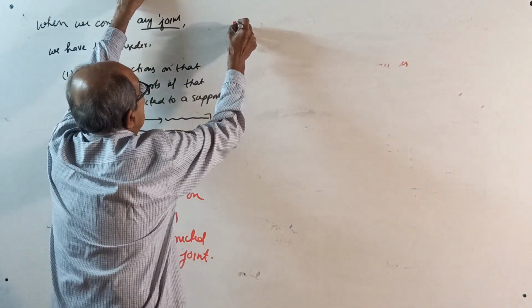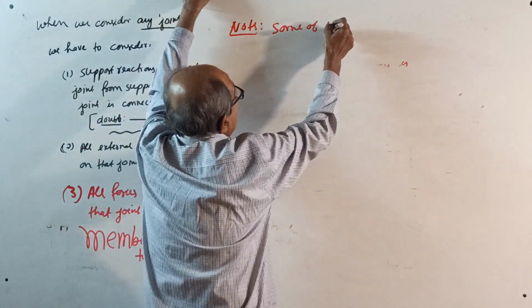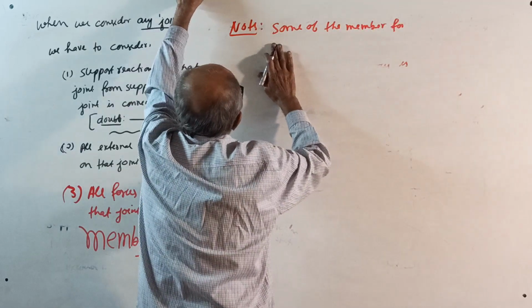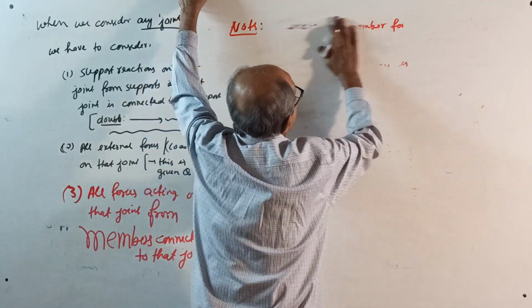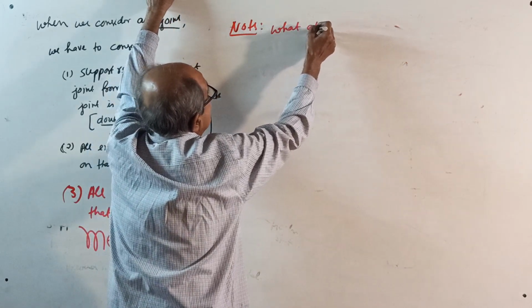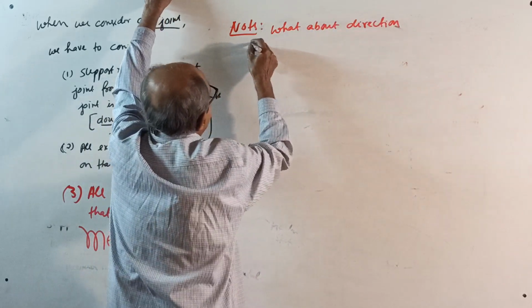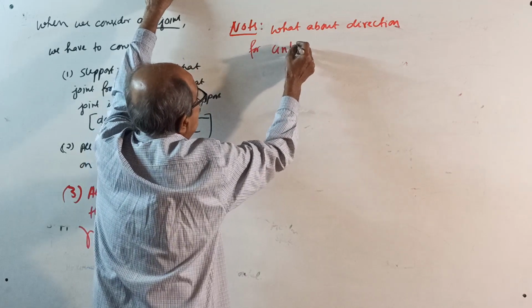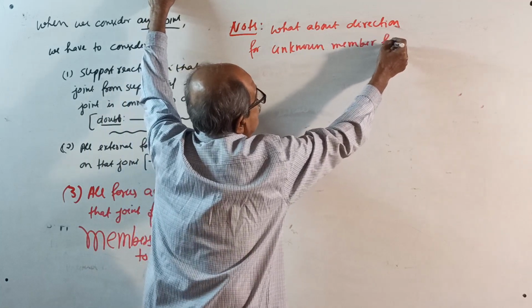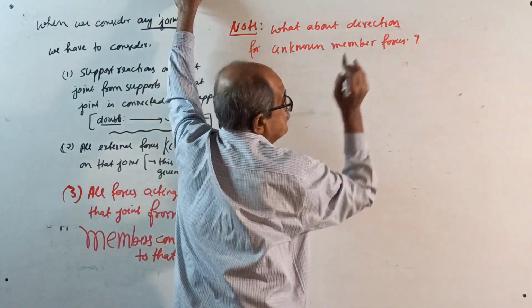Now, all forces acting on that joint from members connected to that joint. Note. What about the direction for unknown member forces?